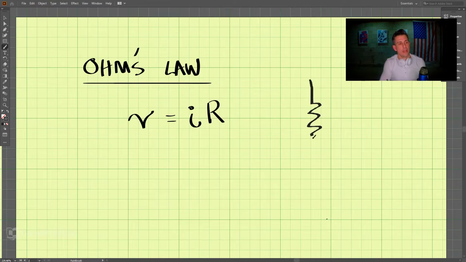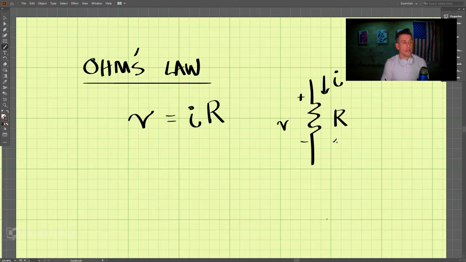If we have a resistor that has a resistance of R, and we know the current I, how fast it's flowing, we can then figure out the voltage across this resistor, and this is from plus to minus, positive, negative. So V equals I times R.